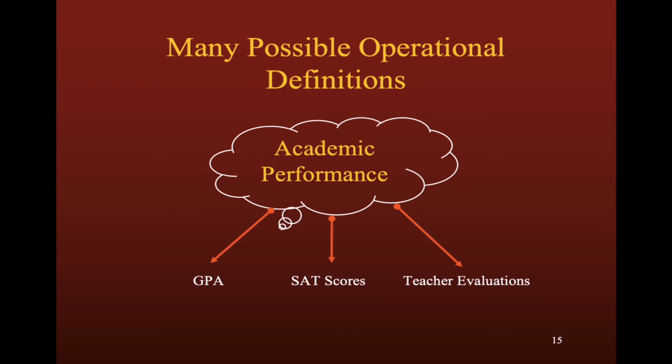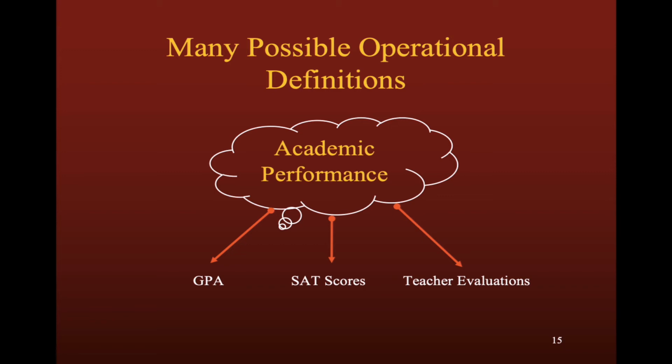And one important point here is to remember that there are multiple ways that you can operationalize a variable, right? So for academic performance, you could look at GPA, you could look at SAT scores, you could look at teacher evaluations. All of them are going to, on some level, capture that broad conceptual variable, but they probably won't capture all of it, right? And some might be better as measures of that conceptual variable than others.